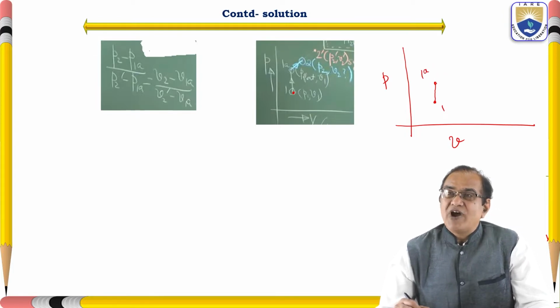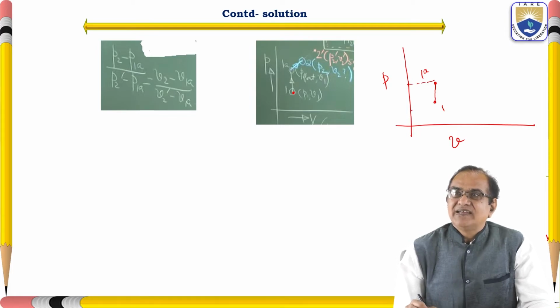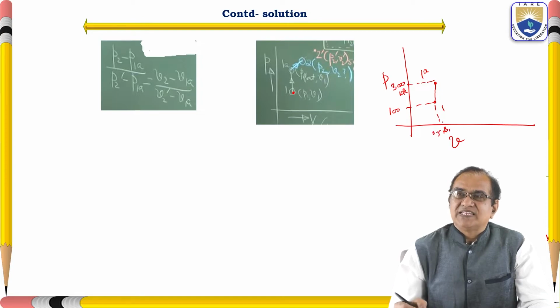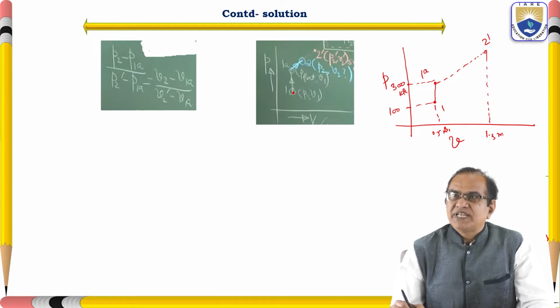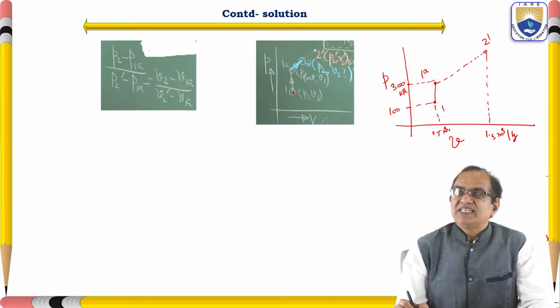From the 1A point, this is the 100 kilopascal, and this is the 300 kilopascal. And this volume is 0.5 meter cube per kg. From here to here, the condition is given. This is the 2 prime, and the volume of this 2 prime is given as 1.5 meter cube per kg, and this pressure is given as 500 kilopascal.